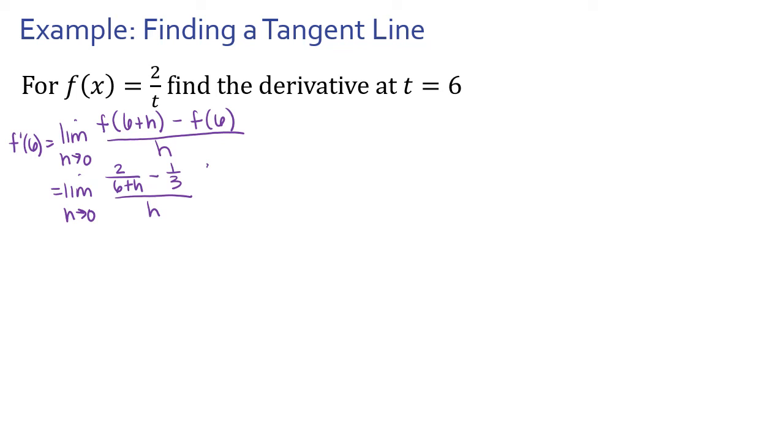And the method that I use is I'm going to multiply both the numerator and the denominator by that LCD. So the least common denominator of these two fractions is going to be 3 times 6 plus h. Okay, so when I do that, and I'm going to probably write one extra step than you probably would do, but I'm just doing this to make sure that you see that we are distributing this to every single term.